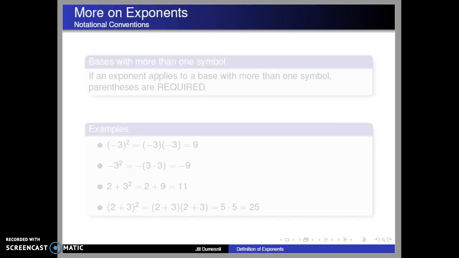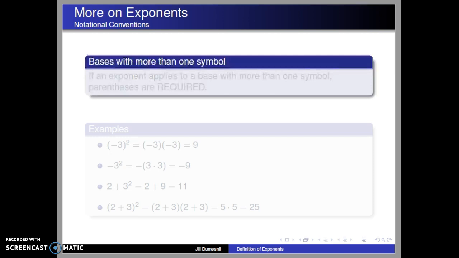When dealing with exponents, we need to consider some notational conventions to avoid ambiguity. In particular, if an exponent applies to a base with more than one symbol, parentheses are required.